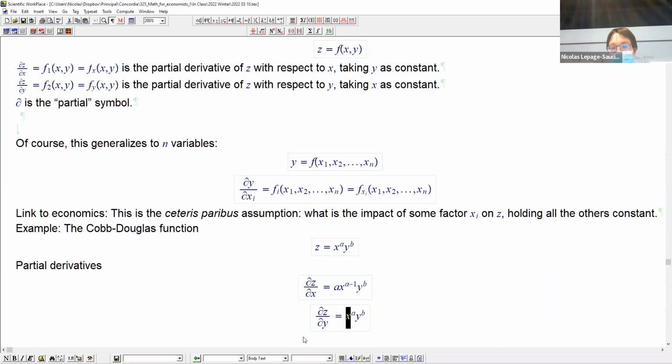Now I take x as constant and I just vary y. The exponent is b, so I get b y to the b minus 1. If you're not familiar with all the derivative rules, it's going to be painful for a while, but please get familiar with them as soon as possible.